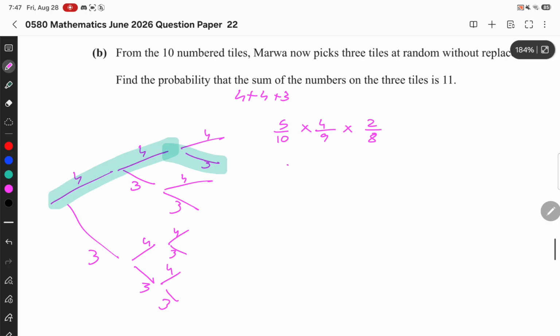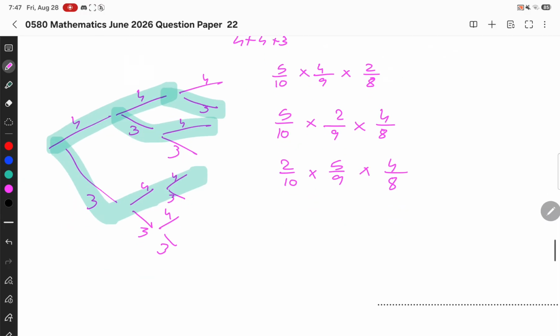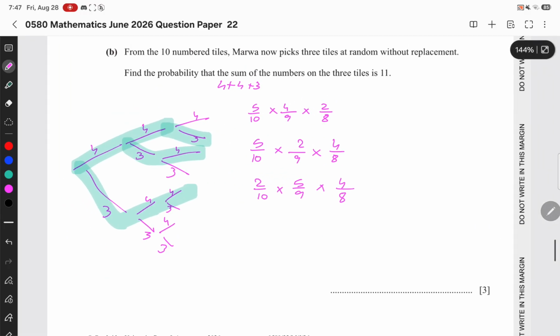4, 3, 4: 5 over 10 times 2 over 9 times 4 over 8. Yeah, this is also a part. And 3, 4, 4: 2 over 10 times 5 over 9 times 4 over 8. Three parts. So that is why we have these three.